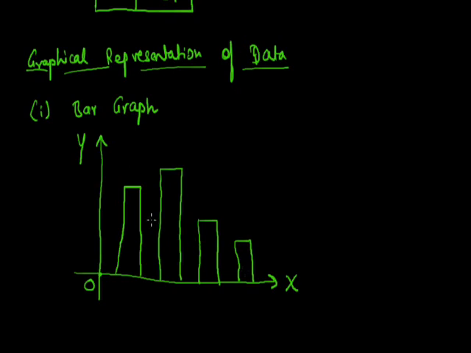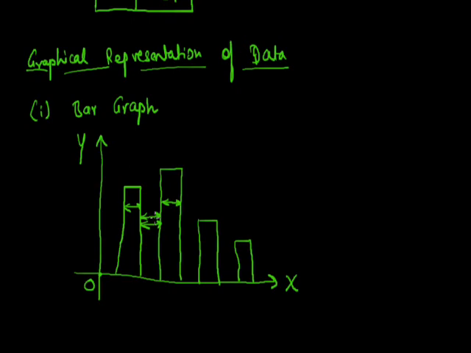And the most important thing is that these bars should be of uniform width. It means the width of the bar should be the same throughout, and the spaces between these bars should be the same throughout. So this consistency should be maintained in making the bar graph.